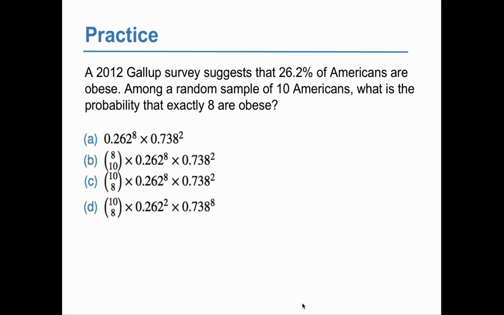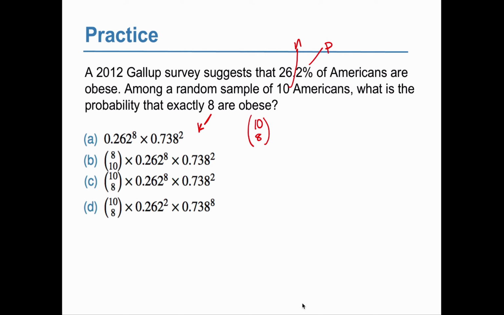So the probability that exactly 8 are obese, right, is going to be 10 choose 8, right? So 10 is our n, and 8 is our k. And 0.262 is the probability of success, where being obese counts as a success.